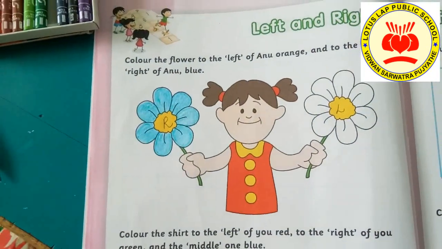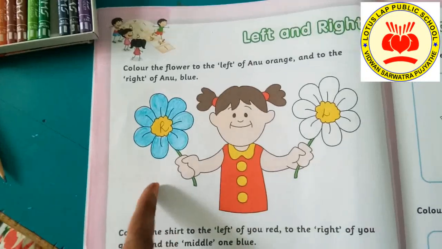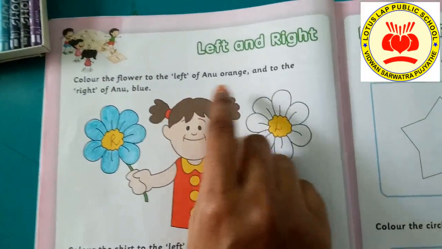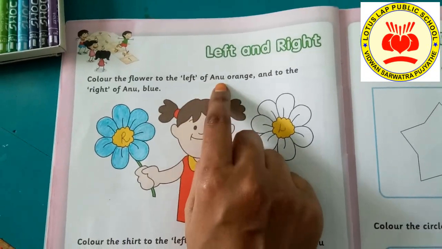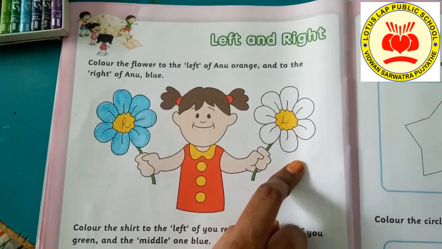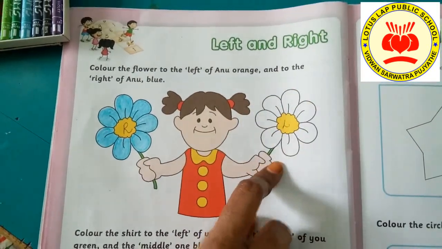So we finished coloring blue on the right side. So next he is asking left of Anu orange. We have to color left of Anu orange.